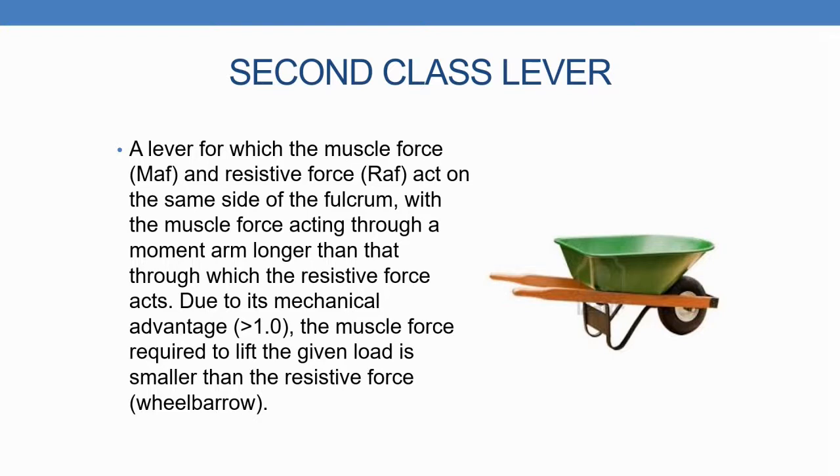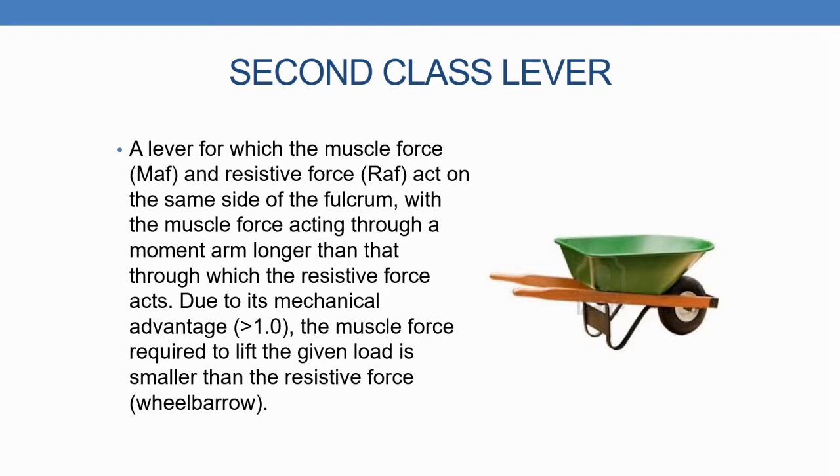Well, there are 3 different kinds of lever systems that we find in the body: a first-class lever, a second-class lever, and a third-class lever. What these different leverage systems describe is simply various arrangements of the 3 components of a lever.